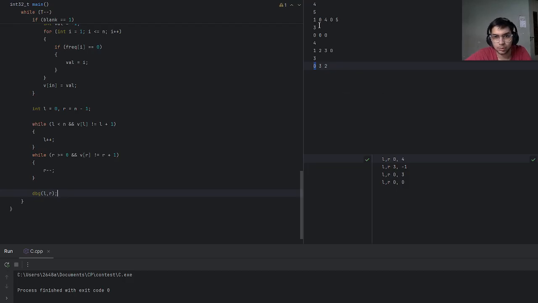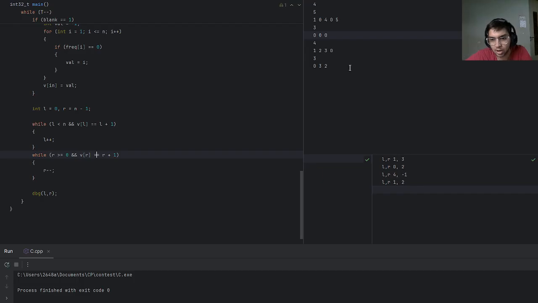Yeah, so we have 0, 1, 2, 3, 4. That is wrong, right? Can you go on in this way? Take the reason, as long as it's equal, keep increasing it.